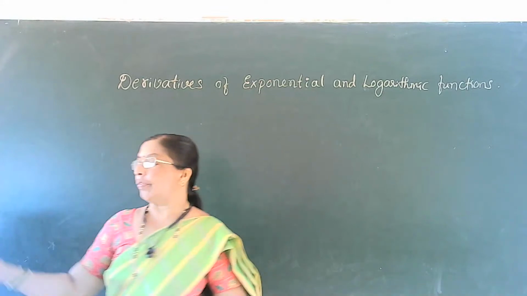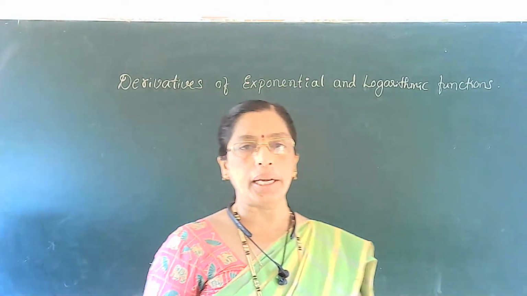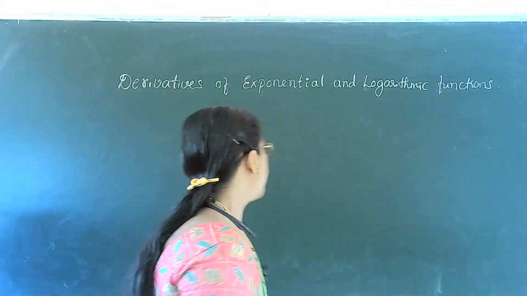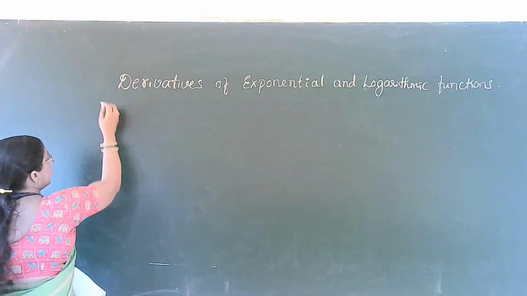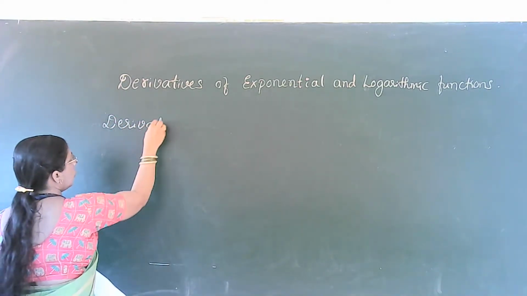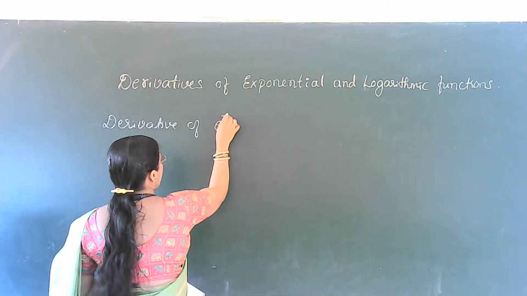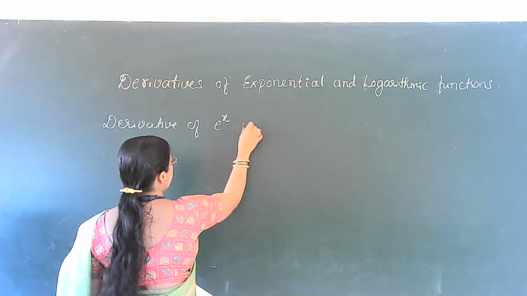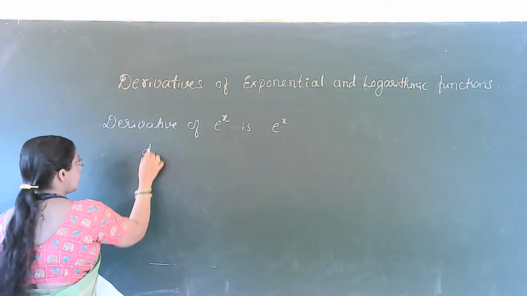Today, we find the derivatives of exponential functions and logarithmic functions. First, the derivative of e to the power x is e to the power x itself.